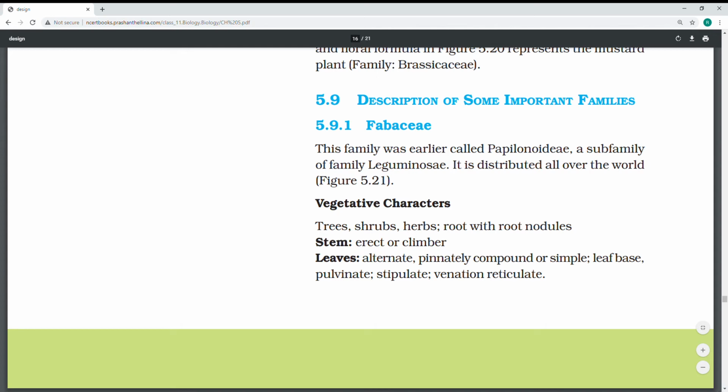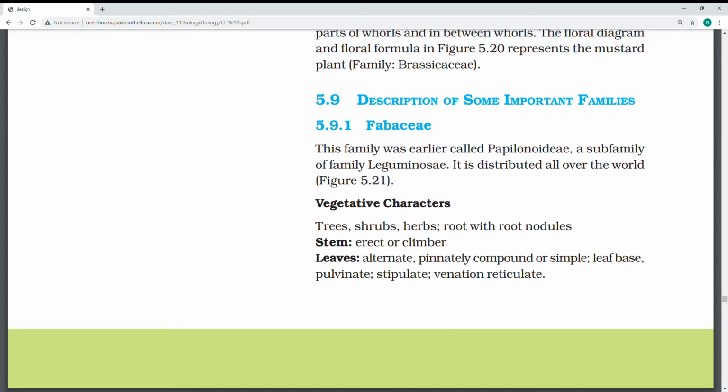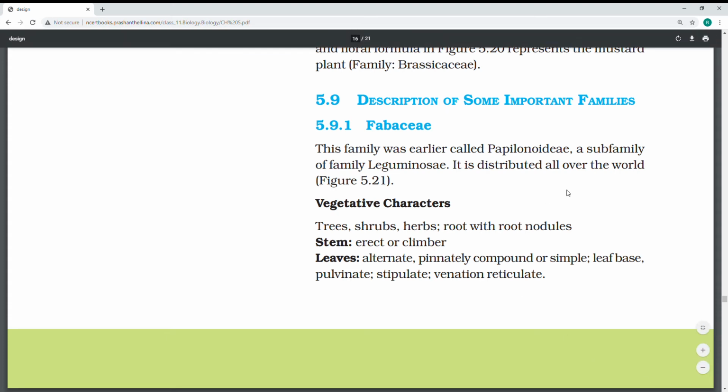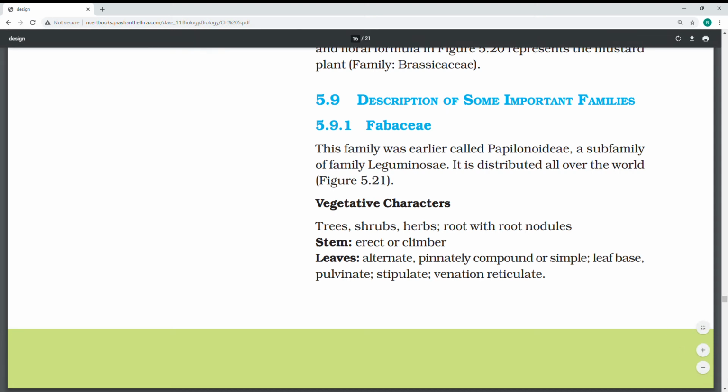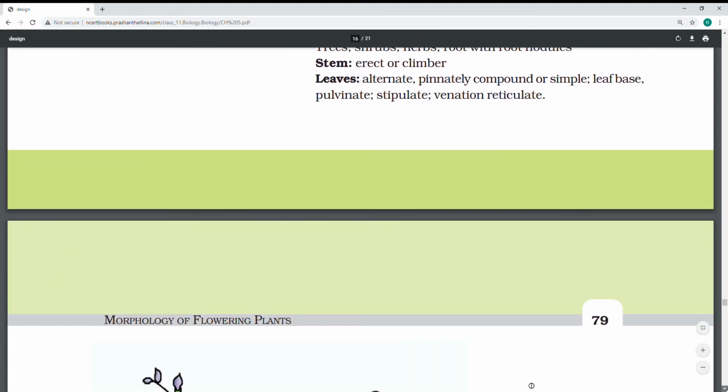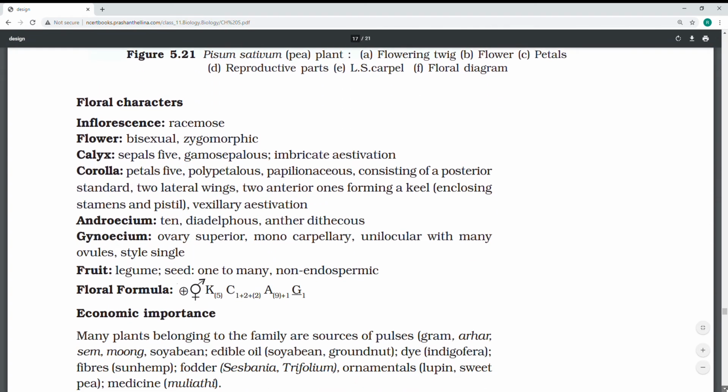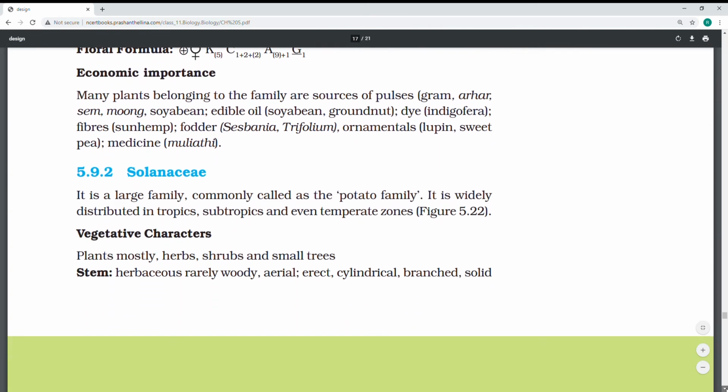This year they have given Solanaceae, Liliaceae and Fabaceae. So first I'm going to explain Solanaceae, which they have given first.